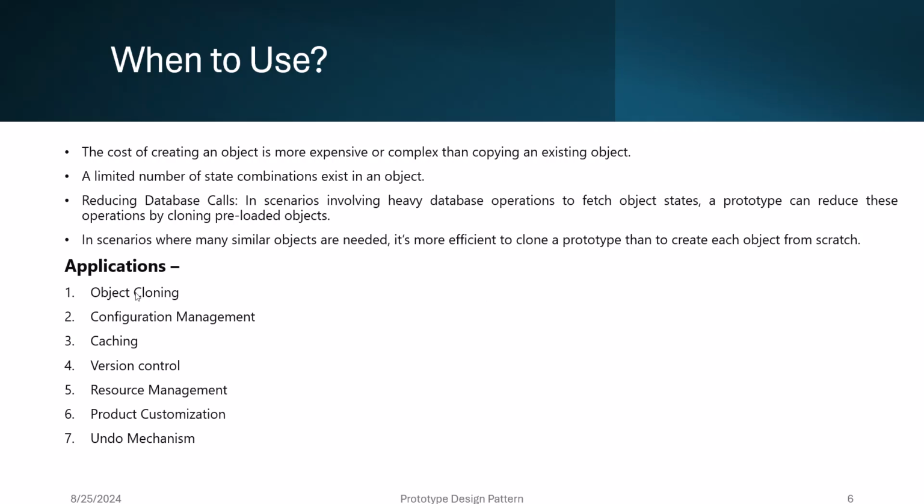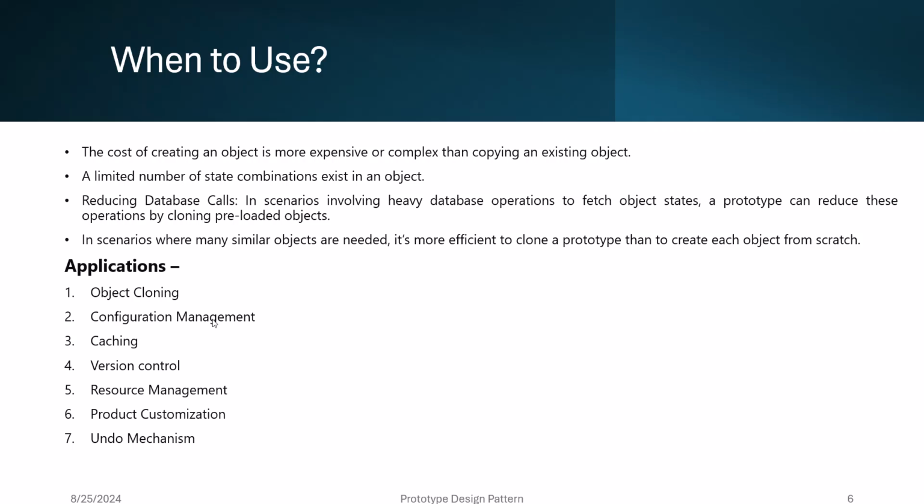As I have already told, this is how we do object cloning. One example is in graphic applications, where you might have complex shapes like a polygon or a 3D model that can be cloned to create new shapes, right?